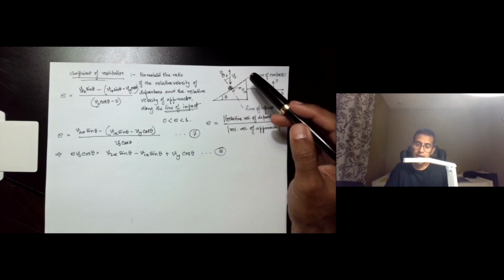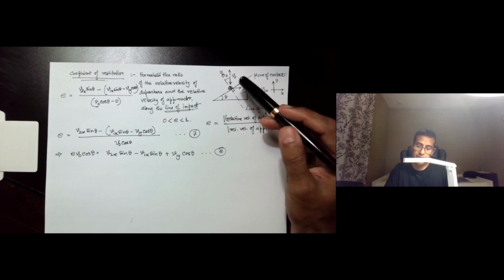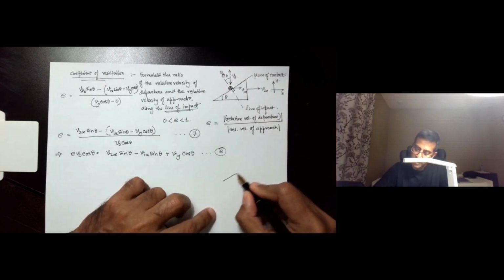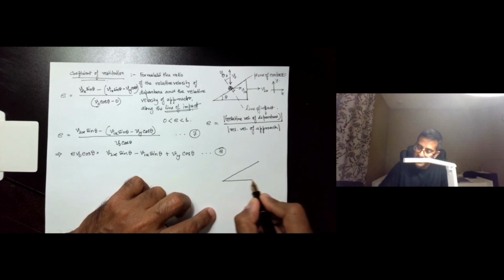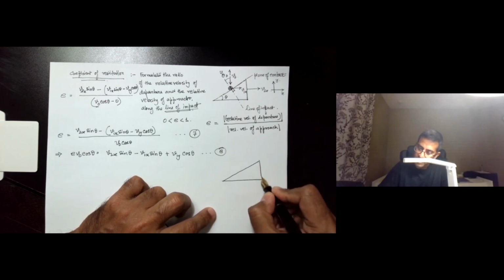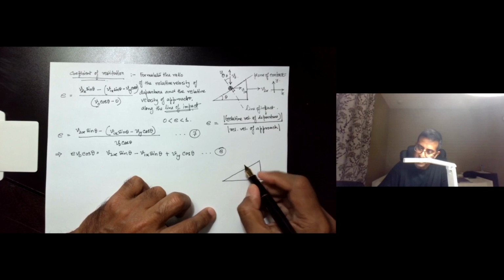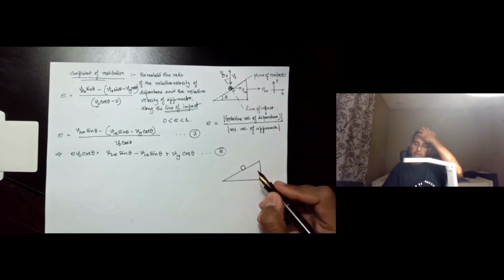Okay, why are we saying so? Well, think of the motion of the particle this way. If this is the incline, think of the instant when the particle is just about to hit the inclined plane.